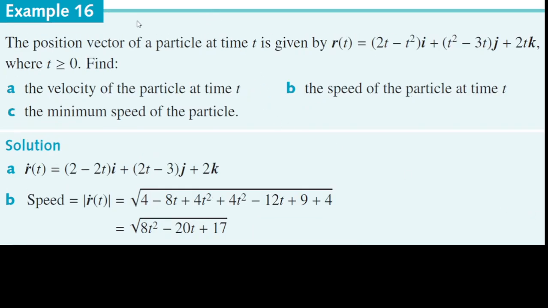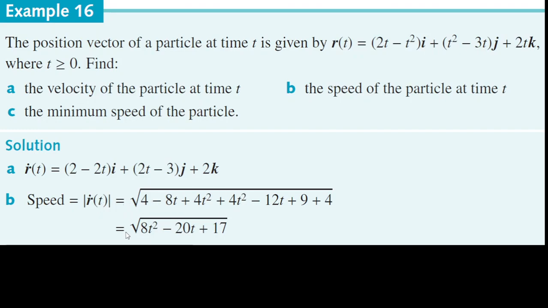Alright, let's continue with example 16. So you have a different position vector function. You need to determine the velocity, then the speed, then the minimum. So to determine the velocity, you just differentiate the respective components. For the speed, you will take the modulus.